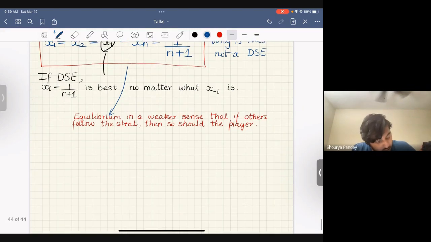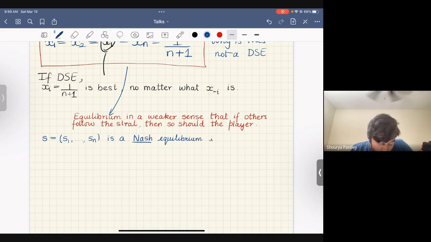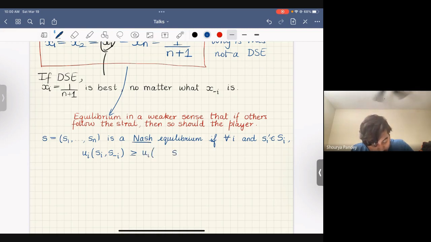More formally, we say that the strategy vector s1 up to sn is a Nash equilibrium if for all players i, and for any strategy si prime, the utility obtained by changing your strategy, assuming that the other strategies remain the same, can only be worse, cannot be better.